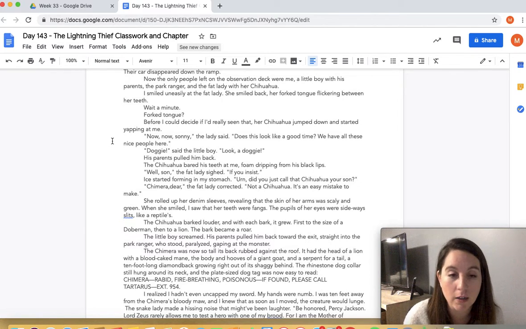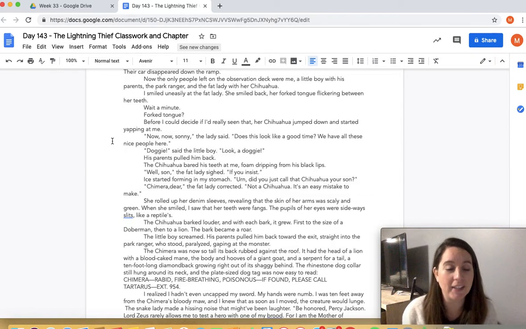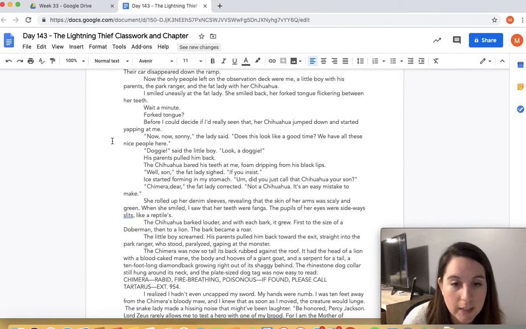The Chihuahua barked louder, and with each bark it grew, first to the size of a Doberman, then to a lion. The bark became a roar. The little boy screamed. His parents pulled him back toward the exit, straight into the park ranger, who stood paralyzed, gaping at the monster. The Chimera was now so tall that its back rubbed against the roof, and it had the head of a lion with a blood-caked mane, the body and hooves of a great goat, and a serpent for a tail.